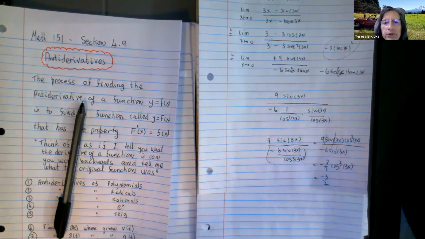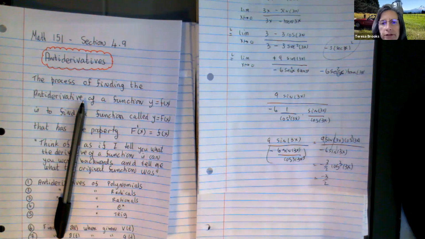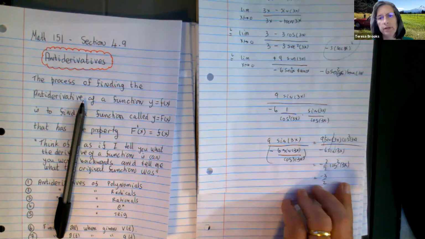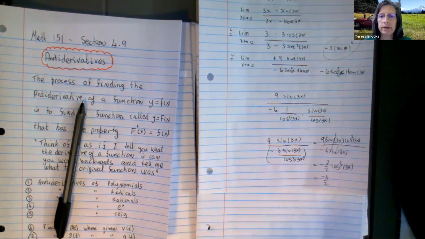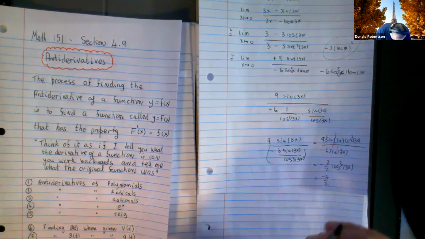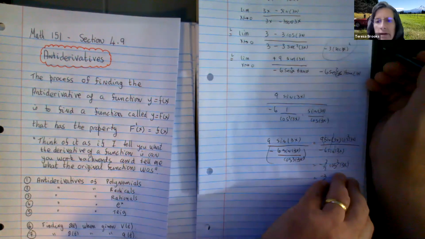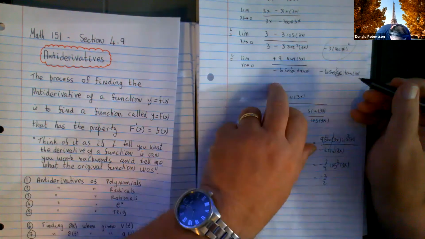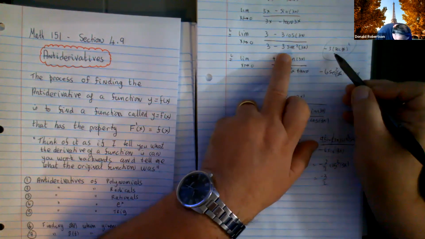And did you remember to do it down here where you have -6 secant squared? When you do the derivative of secant 3x, it's going to have an extra 3. Did you do that? Oh, did I do the other 3? Yeah. I don't think I did.